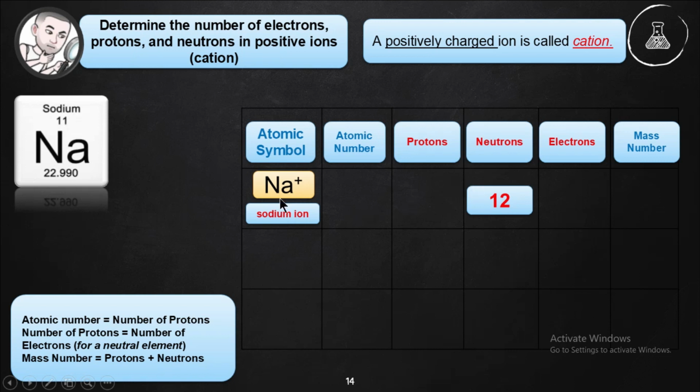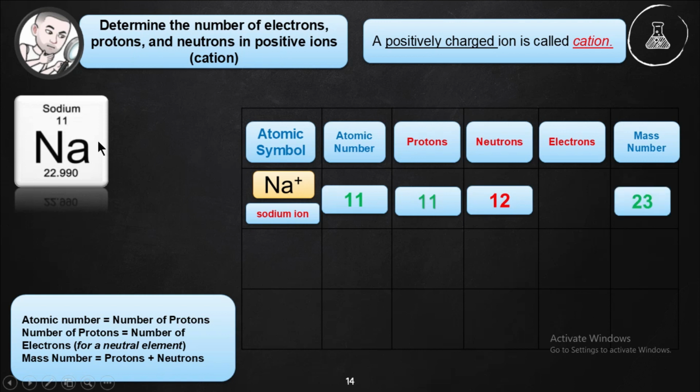So yung atomic number ni positively charged sodium ion is 11. Yung number ng protons niya ay 11 kasi same lang siya sa atomic number. The mass number is 23. Bakit 23? Kasi 22.9 ay malapit na sa 23. Kaya i-round off natin to, so magiging whole number siya na 23. Ngayon, yung number of electrons. Tingnan itong charge. So positively charged.